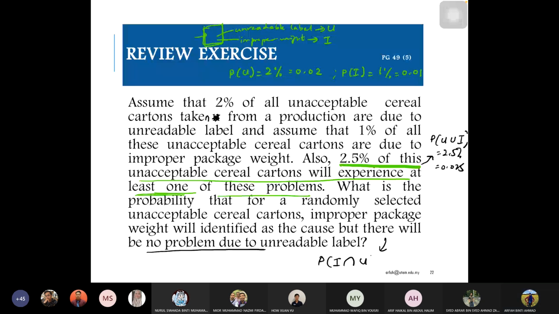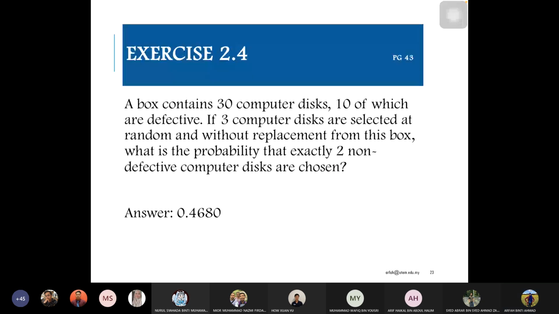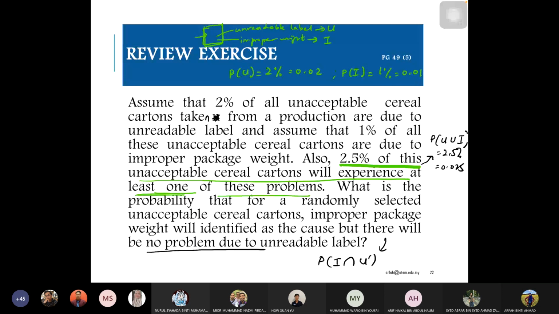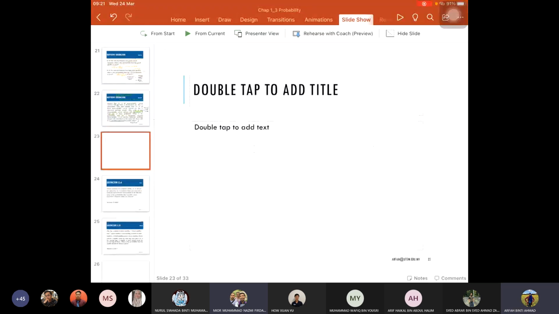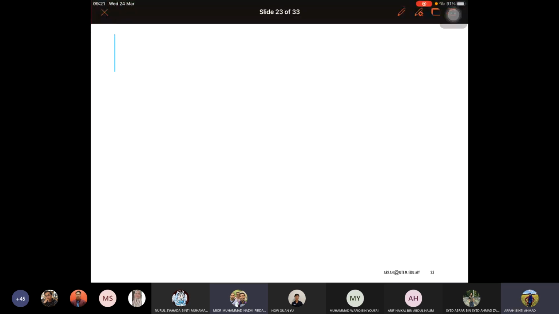Ada yang dapat tak? Any idea how to solve this one? Aku tanya soalan ni. Any idea how to solve this one? Kita pakai probability U tambah kejap.